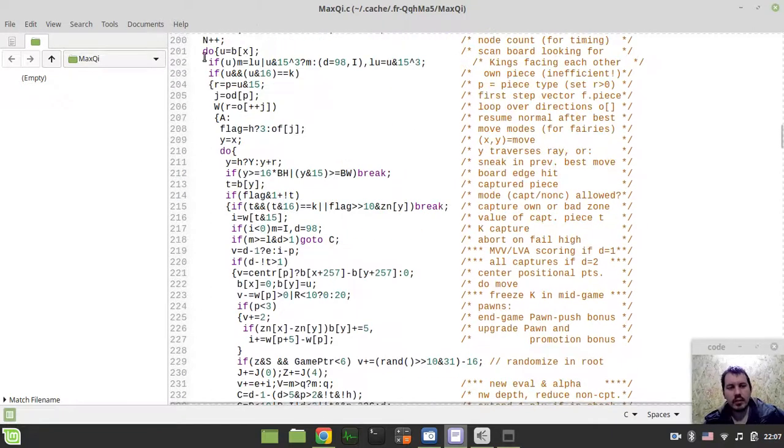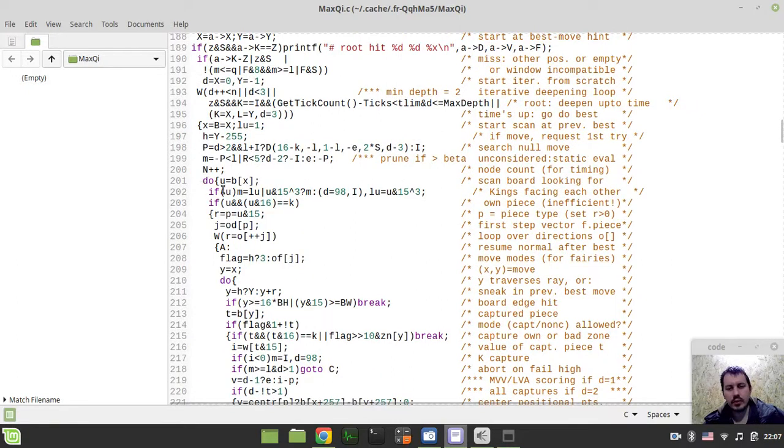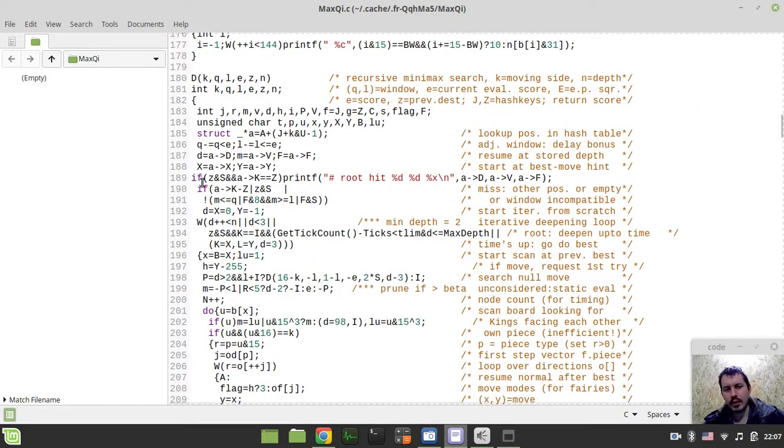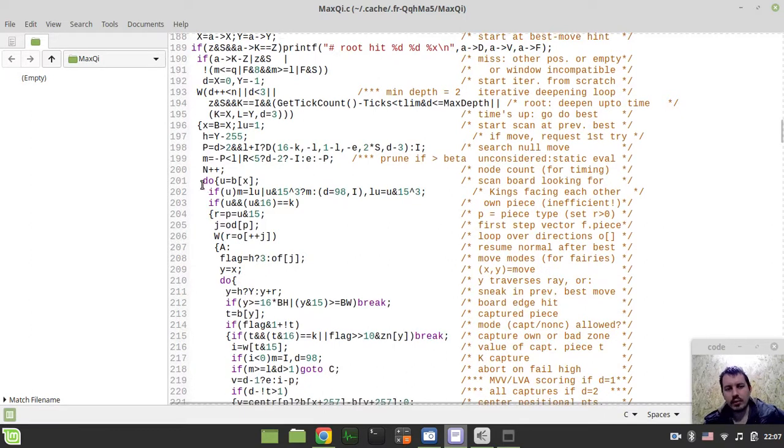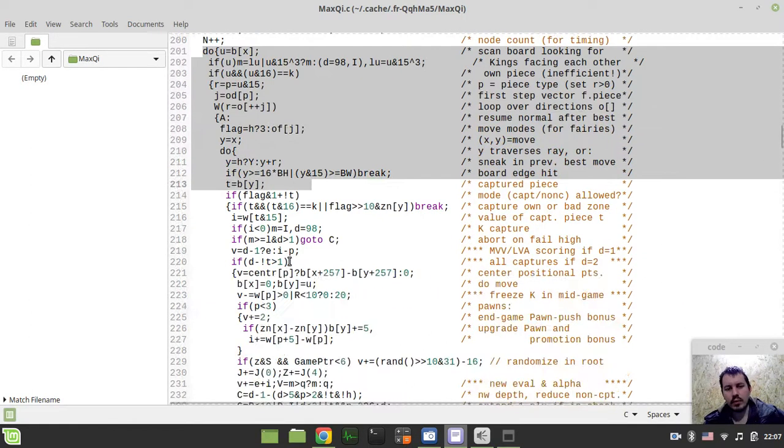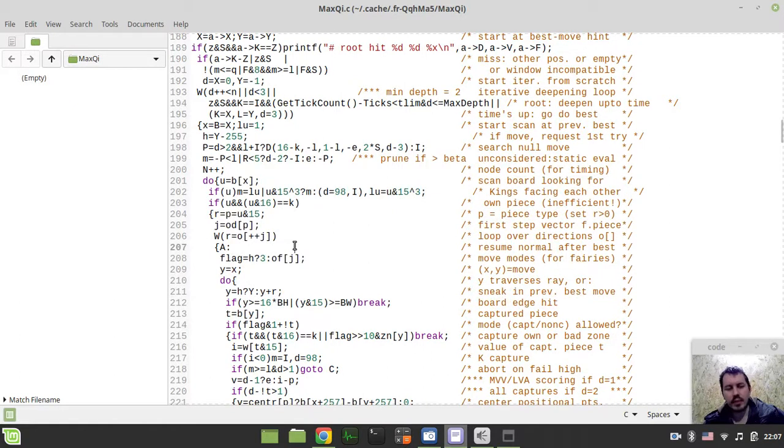So you might think this is rocket science, but actually it's not. This is just recalling my memory from the Micro-Max source code. So the move generator code starts here. It doesn't have a piece list. In Micro-Max it was going through three loops: a loop over the board squares, then over the piece directions, and for sliders, a loop over squares to slide for a piece.